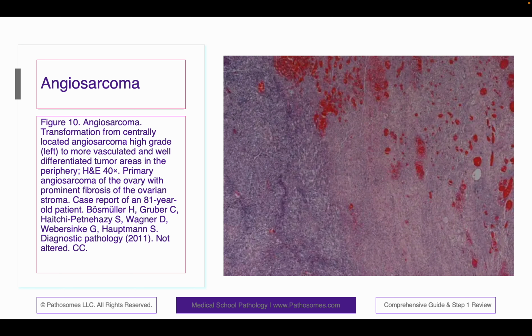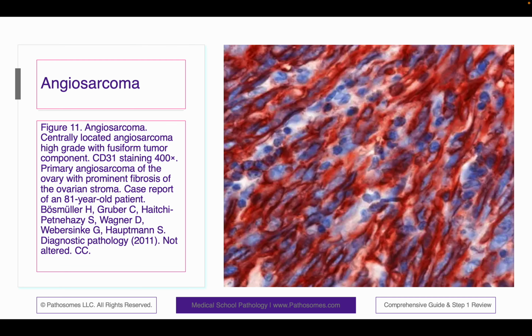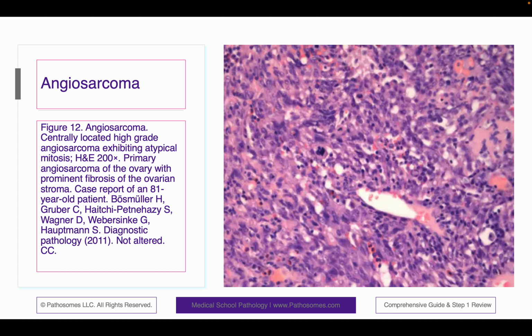Note the vessels and the blood and the basophilic background hinting at high cellularity. And here we have CD31 staining from a primary angiosarcoma of the ovary.